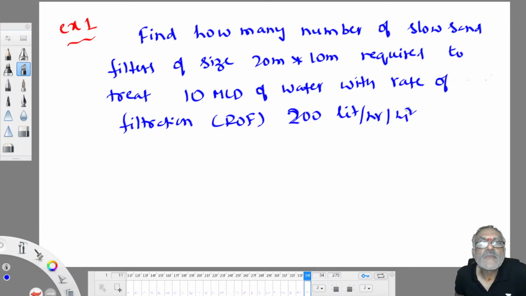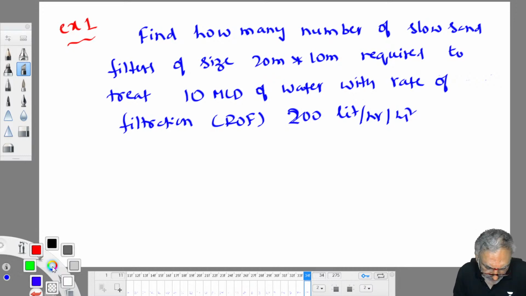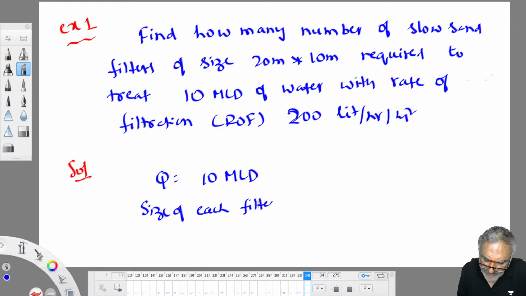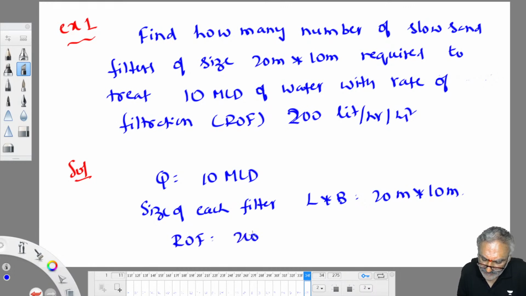Okay? So what is given to you? Q is given. The size of each filter, L into B, is given. And rate of filtration is given to you.